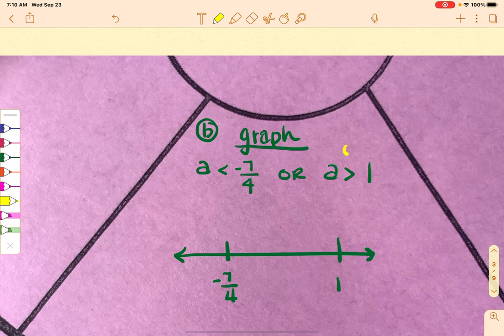Now, with both of these, I know they're going to be open circles because there's no equal to underneath these inequalities that I have. So if I start with this first one, I'm going to do an open circle right here at negative 7/4. Because the letter comes first, this shows that the arrow's pointing this way. That's the way the line's going to go. So open circle. Now if I make to the other one, my change here, open, and because the letter's going first, it's pointing that way, so it's got to go this way.